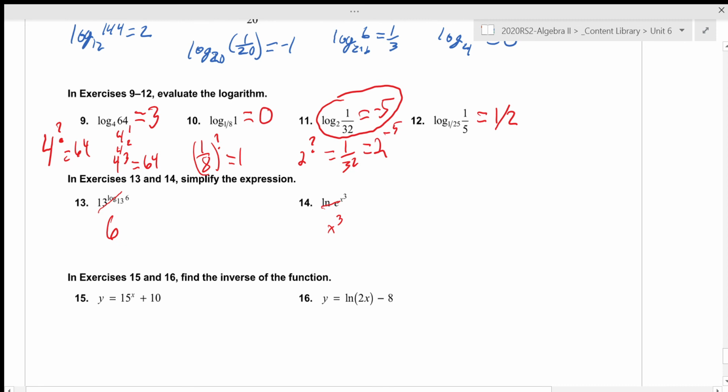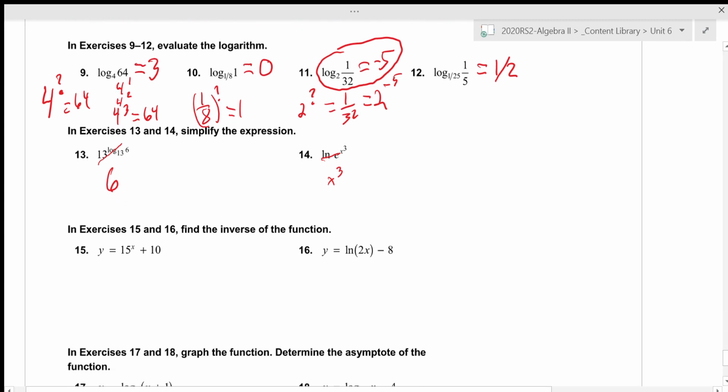And then we can use this fact that these functions undo each other to actually find inverses of functions. So if we have y equals 15 to the x plus 10, and I wanted to find the inverse, the first step would be to switch x and y. And then we're trying to solve for y. So subtract 10 from both sides. And now we have y stuck in an exponent, right? It's stuck as an exponent for 15.